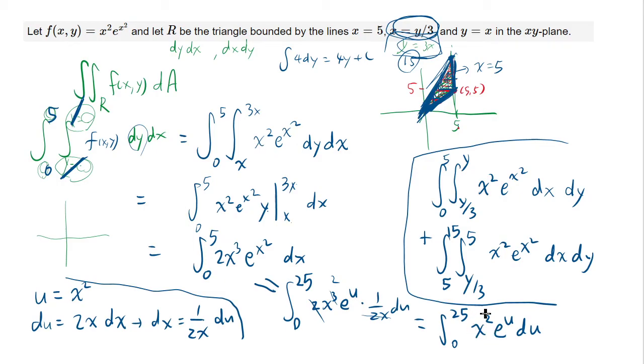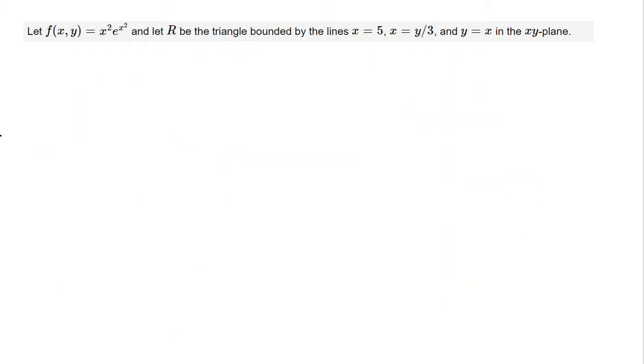But this is relatively an easy situation because x squared is equal to u, so I can just replace x squared by u, and we get the integral from 0 to 25 of u times e to the u du. And that is still another integral requiring a special method. In our case, we will use tabular integration.